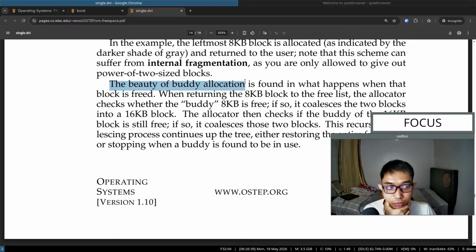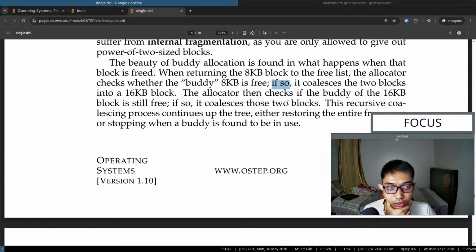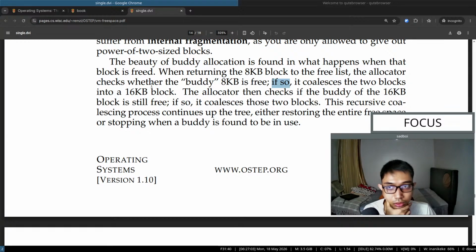The beauty of buddy allocation is found in what happens when that block is freed. When returning the 8 kilobyte block to the free list, the allocator checks whether the buddy 8 kilobyte block is free. If so, it coalesces the 2 blocks into a 16 kilobyte block.